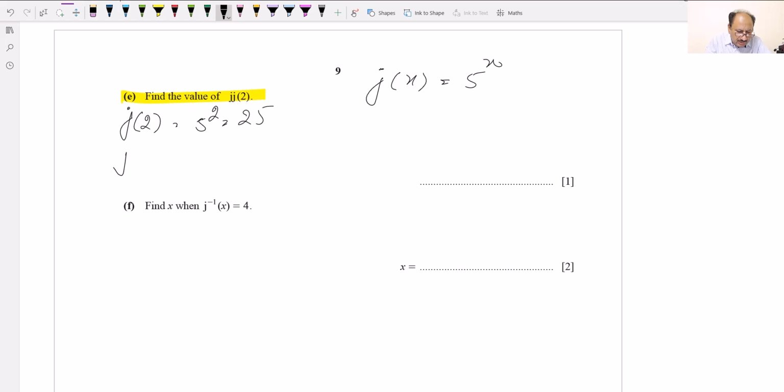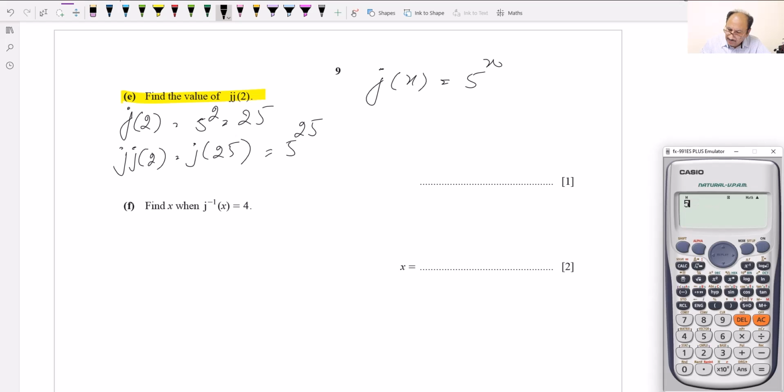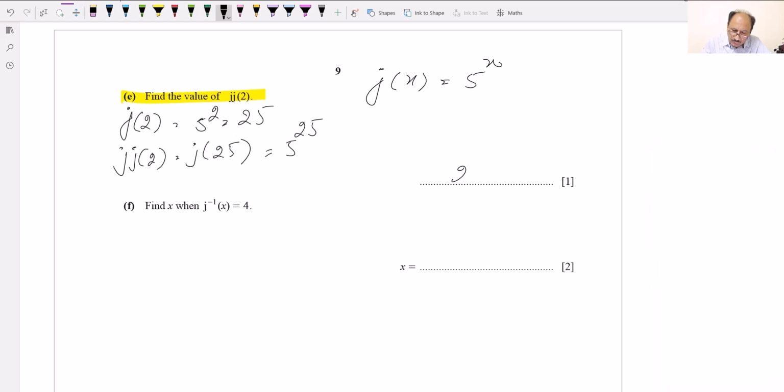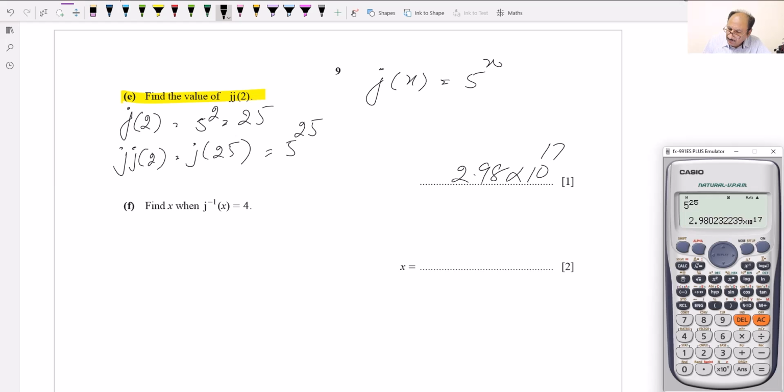So j of 2 will be equal to j of 25, and this will be 5 raised to power 25. This can be the answer, or we can write 5 raised to the power 25 as 2.98 into 10 raised to the power 17. This can be given as the answer.